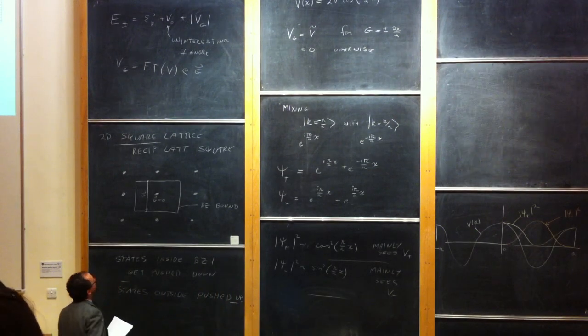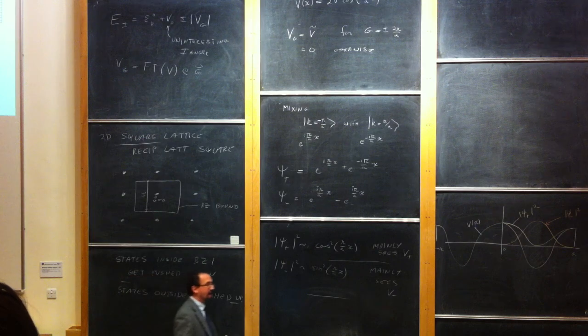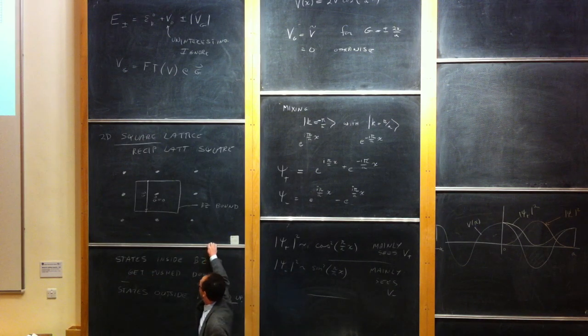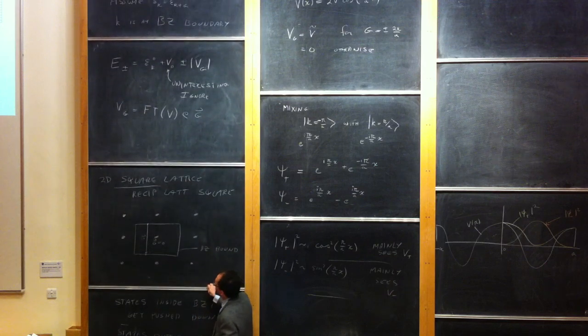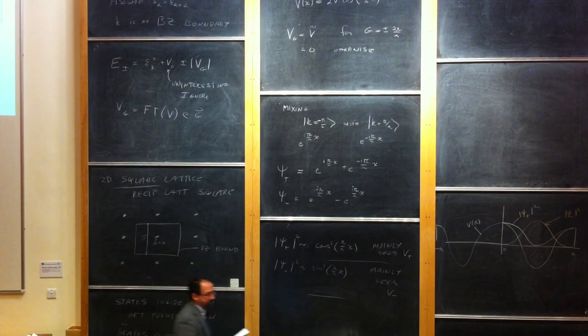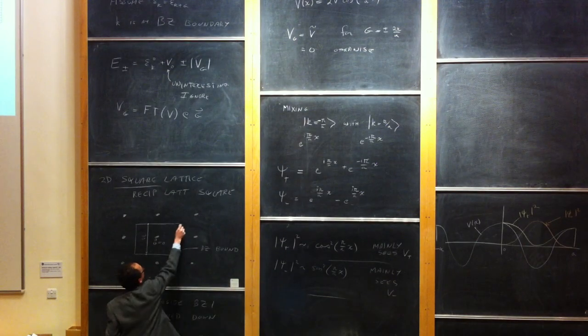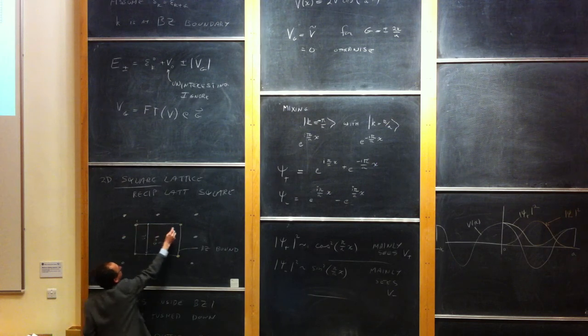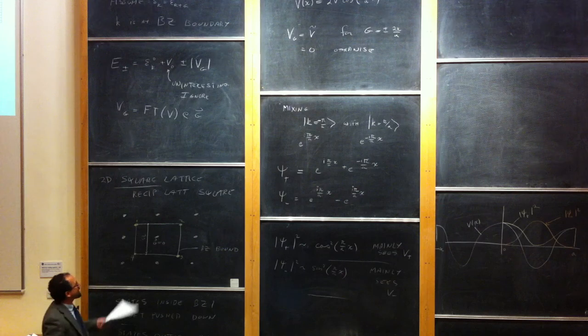Now, there is one little complication in 2 or 3 dimensions that doesn't happen in 1 dimension, and that is when you happen to be at special points like these corner points. Let's label these 1, 2, 3, 4. They're all the same if this is square.